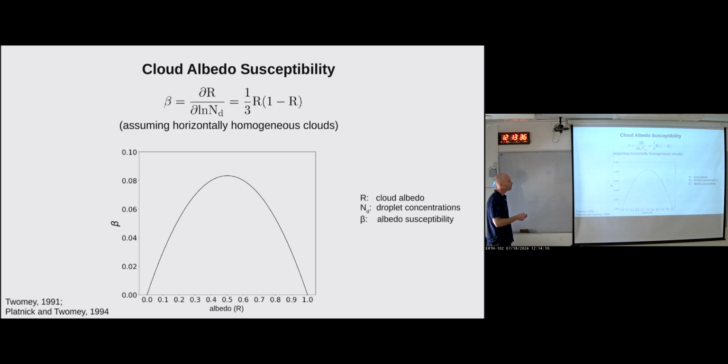But then we simply multiply it by the number we get here, which depends only on the cloud albedo. So we observe the scene of 1 by 1 degree. We have the beta here, the cloud susceptibility, and we multiply it by whatever change in aerosols that translates into change in droplet concentration with respect to the pre-industrial time.